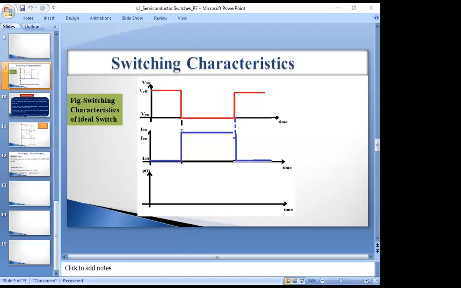Please. Just take one switches. Screen is visible? Yes, sir. Okay.